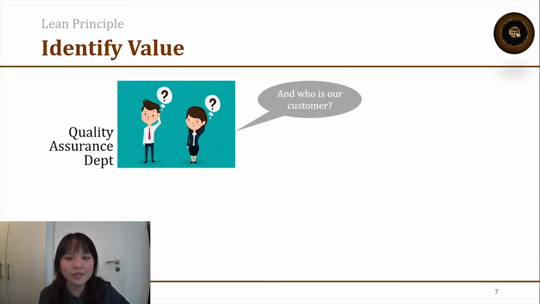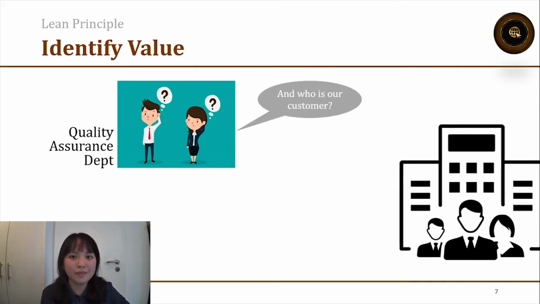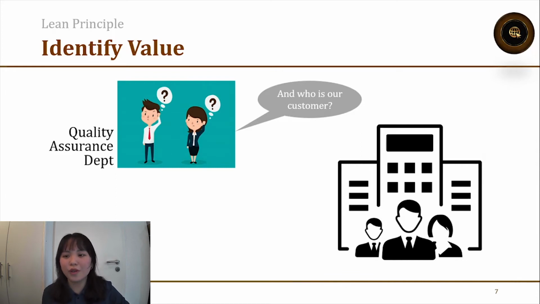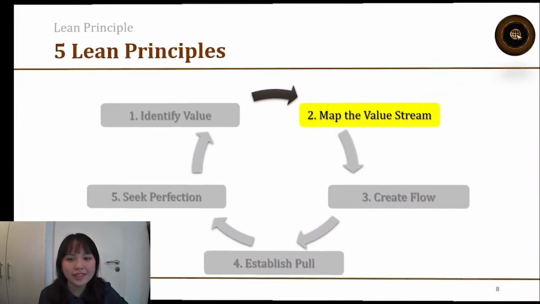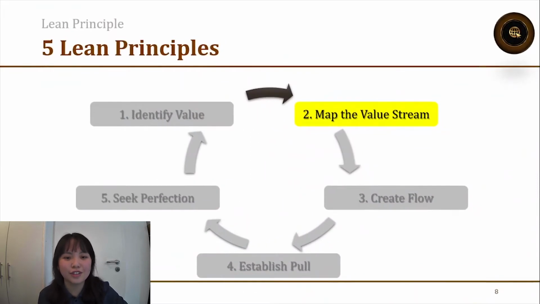So their customer is actually their own company. So for example, for quality assurance department, they find defects and they ensure that the whole company deliver good quality products.